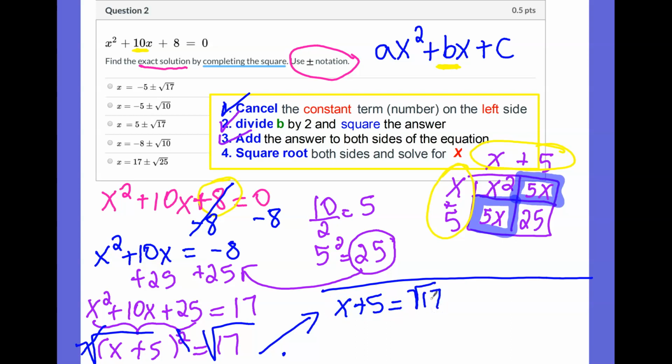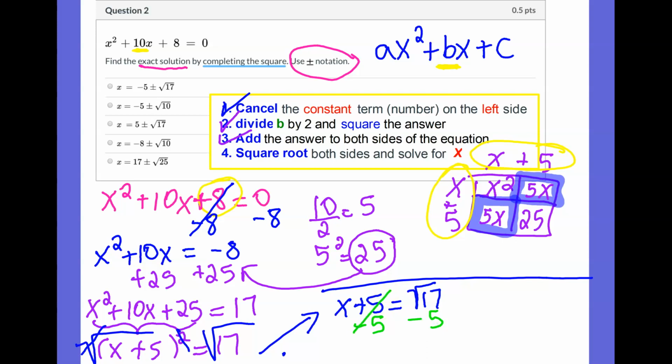We know that we do not have a number that we can multiply to get the square root of 17. So the only thing we need to do now is solve for x. To solve for x, I need to leave x by itself. So I will subtract 5 to cancel 5, and I will subtract 5 from this side.